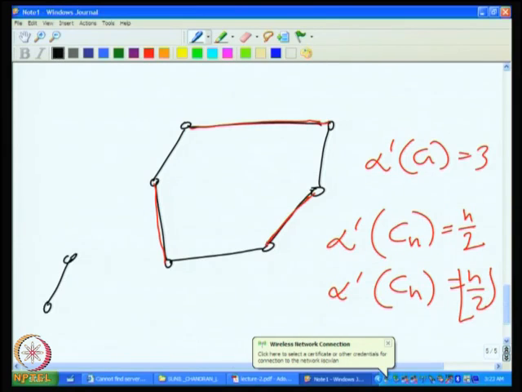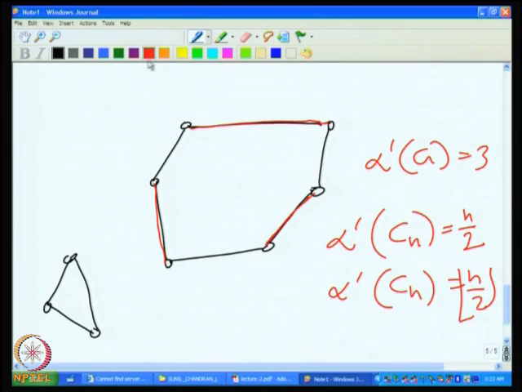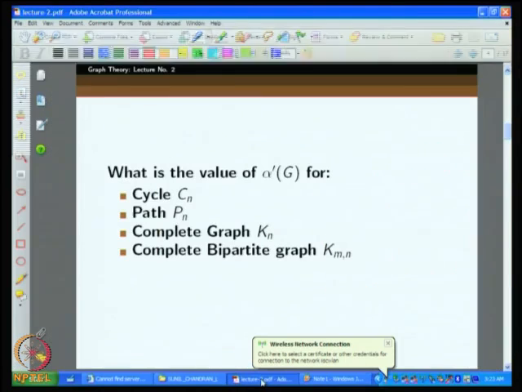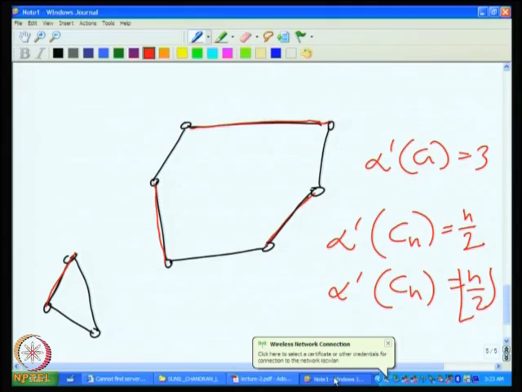I take a 3 length cycle. Then once I take this edge, I cannot take this and this. This is 3 by 2 floor. Now another example I wanted to look at is the path.